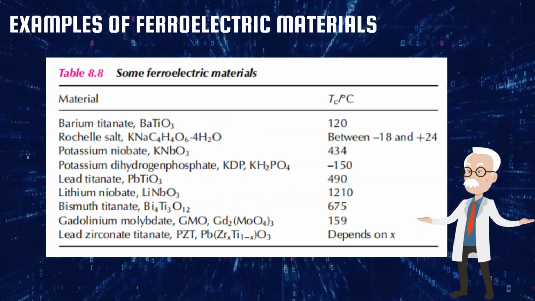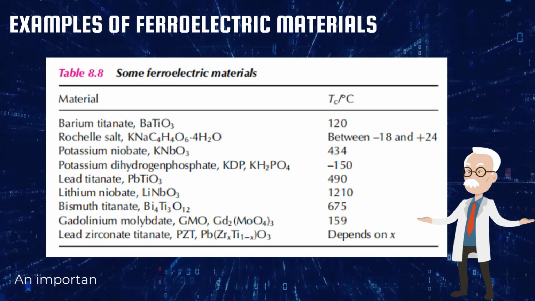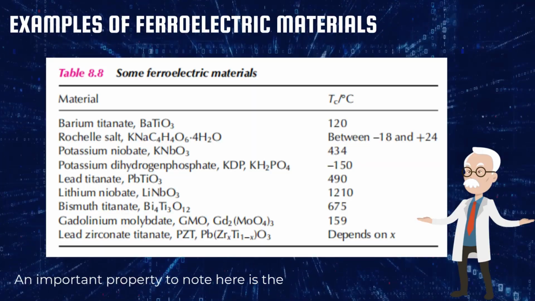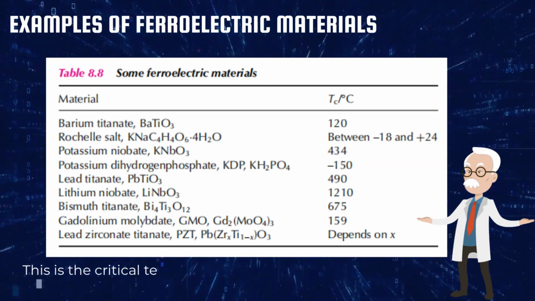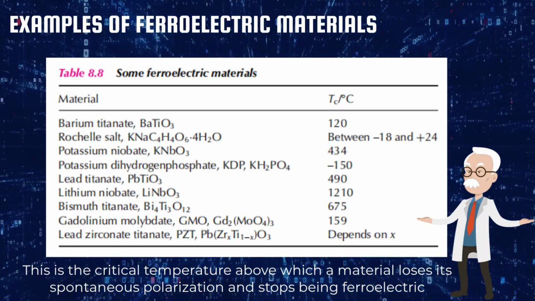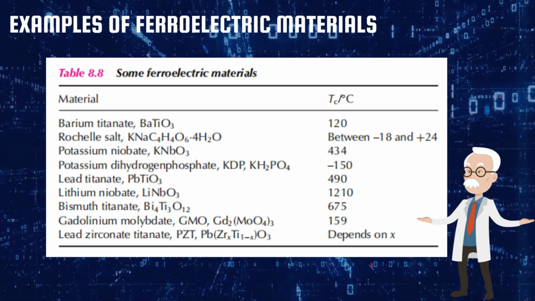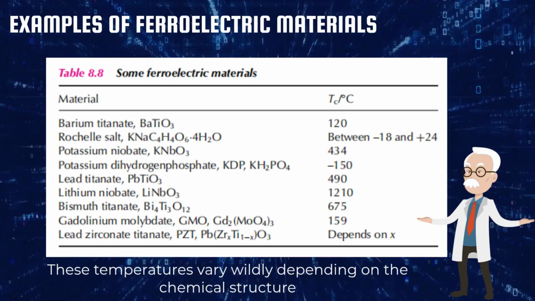Now, let's look at some real-world examples of ferroelectric materials. An important property to note here is the Curie temperature, or $T_C$. This is the critical temperature above which a material loses its spontaneous polarization and stops being ferroelectric. As you can see in the table, these temperatures vary wildly depending on the chemical structure.